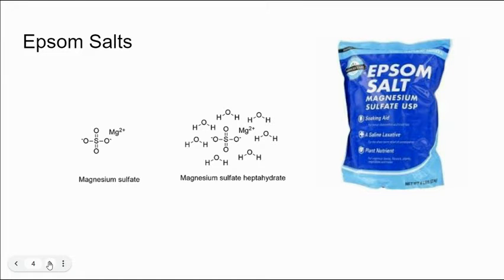So our example here of Epsom salts, these are ionic compounds comprised of magnesium sulfate. Here's my magnesium ion, Mg2+, and here's my sulfate ion. These magnesium sulfates often form a lattice with about 7 molecules of water that get trapped within the lattice itself.